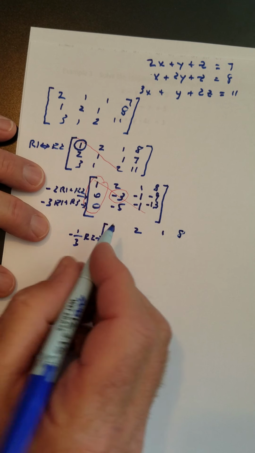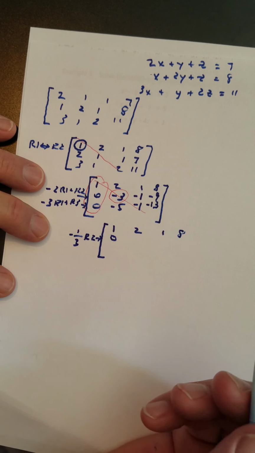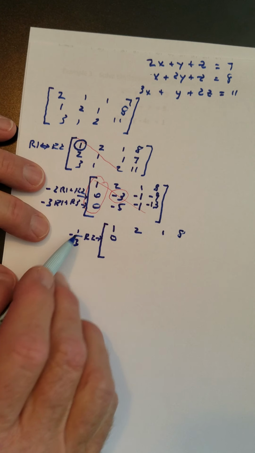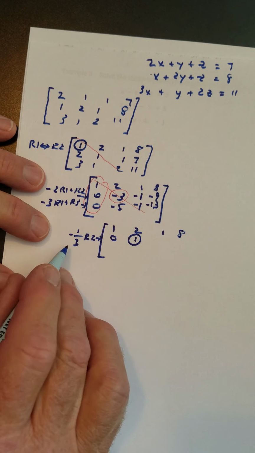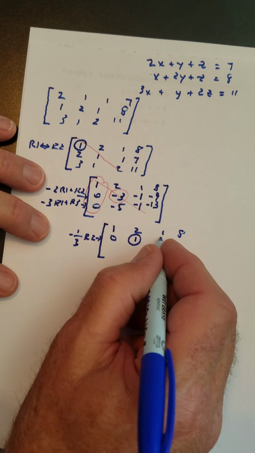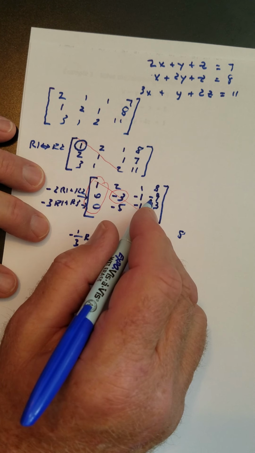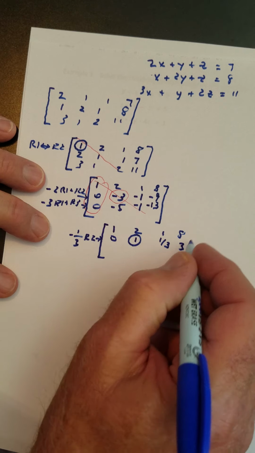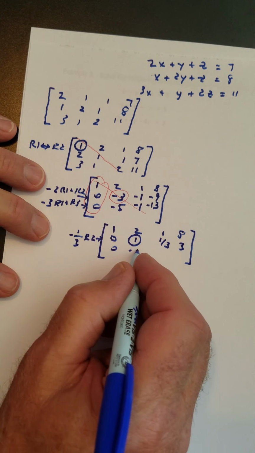So -1/3 times 0 is 0. By the way, once you get zeros here, those won't change. Negative 1/3 times negative 3 is 1. That becomes my new pivot. Negative 1/3 times negative 1 is positive 1/3. Negative 1/3 times negative 9 is positive 3. And the bottom is the same.